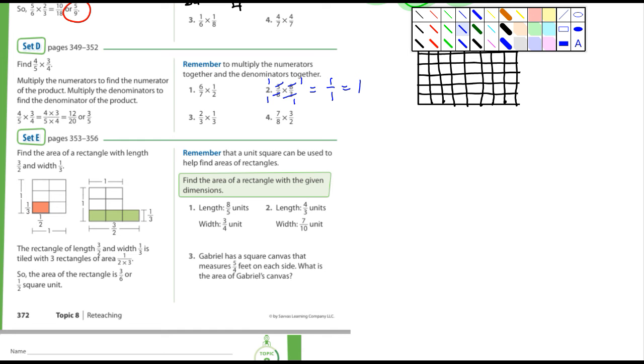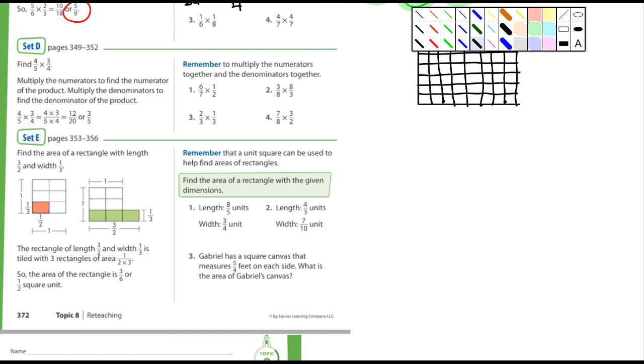But I'm going to tell you what it is really quick here. You're multiplying a fraction by its reciprocal. I don't want to say it's opposite, but you can see what they did here. It's 3/8 times 8 over 3. That's called its reciprocal. Whenever you multiply a fraction by its reciprocal, guess what? The answer is always 1.